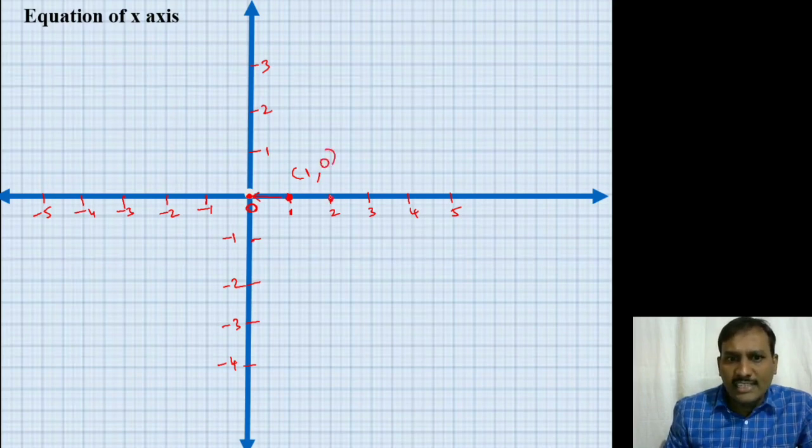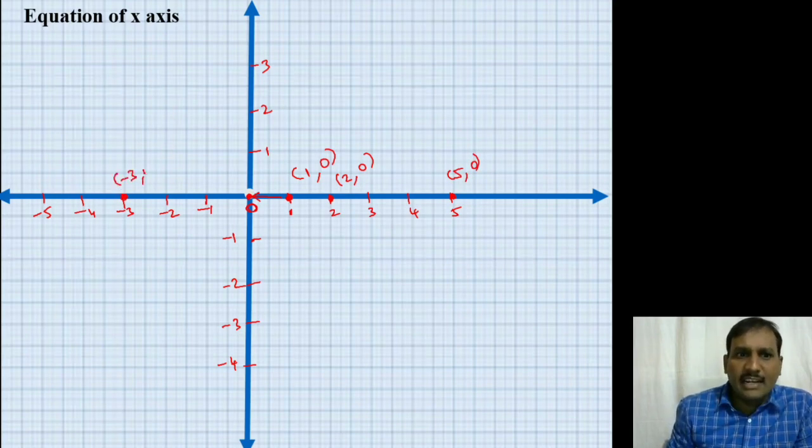And this one is representing 2 on the x-axis and 0 on the y-axis, so 2 comma 0. This is 5 on the x-axis, 0 on the y-axis, so 5 comma 0. Can you say what this point is? Yes, it is minus 3 comma 0.